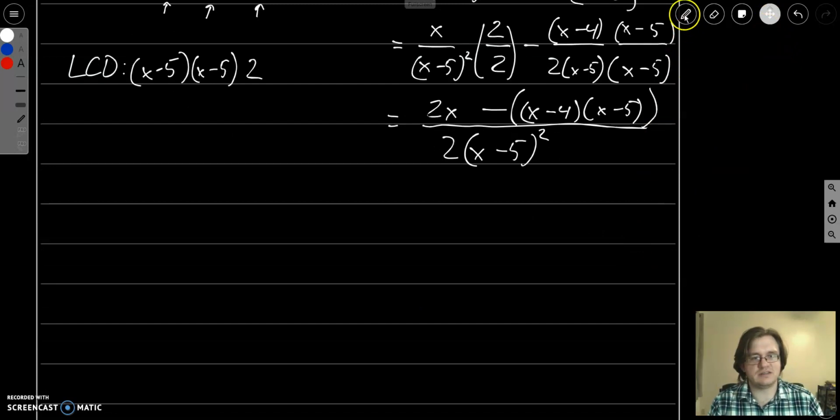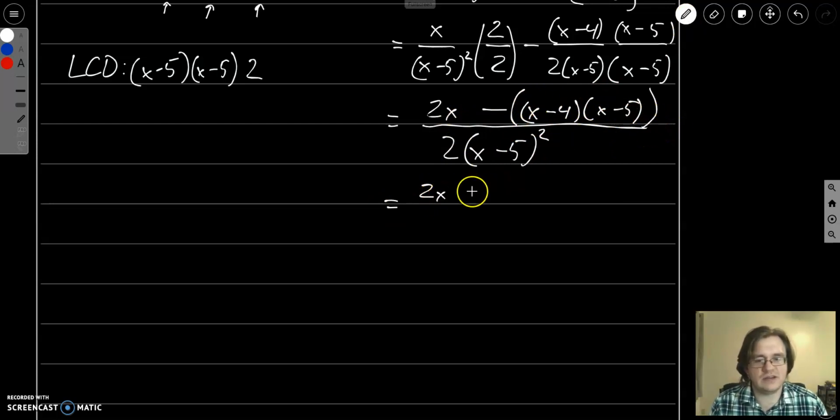Next, we'll need to start simplifying here. This second term, I can FOIL this out, and we can look at what this equals. So first terms, x times x. Outside terms, x times negative 5x. Inside terms, negative 4x. Last terms, 20.